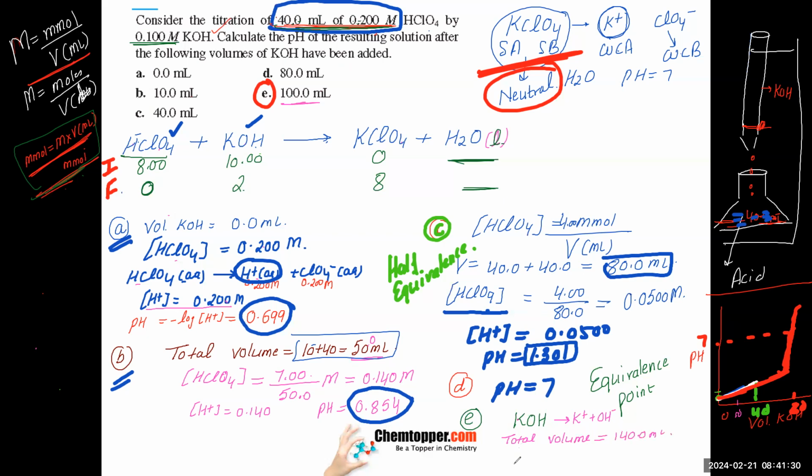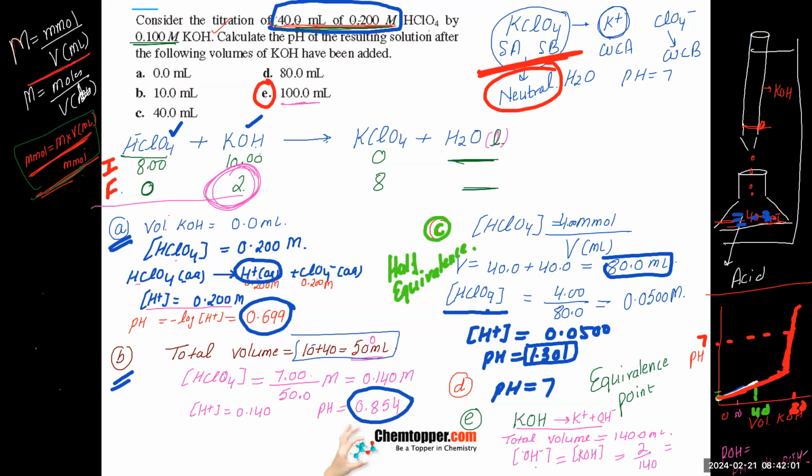So what's the concentration of OH minus? If you look at the equation, it is the same as the concentration of KOH. The millimoles of KOH left in the final are 2, so it is 2 divided by 140. Can you work out this? Get the pOH, and from the pOH, get the pH, which is 14 minus pOH.